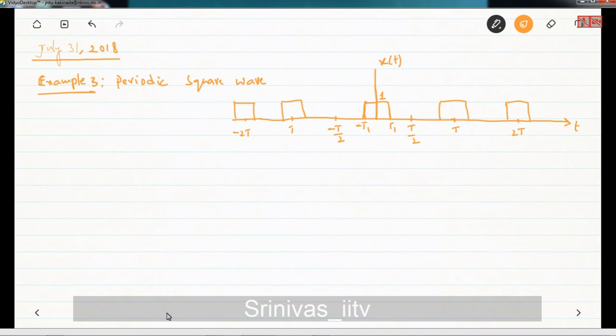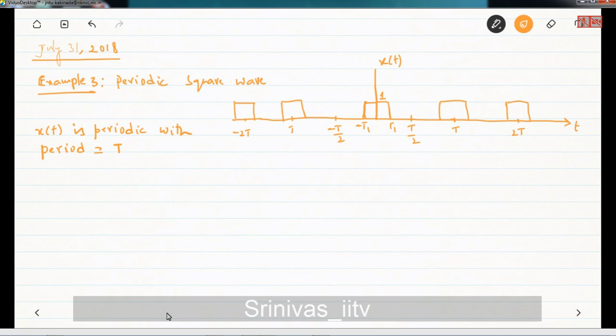So this is a square wave and it's periodic. x of t is periodic with period equal to T, the fundamental period. Whenever we say period, generally we refer to fundamental periods.